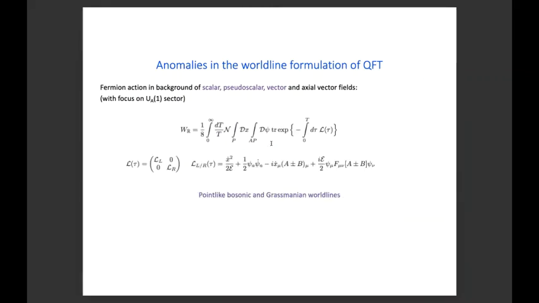Then you can rewrite this real part of the effective action as a path integral of point-like bosonic and fermionic fields, which are Worldlines in proper time. So these are 0+1 dimensional objects, and this effective action can be expressed in terms of the trace of the exponent of this Worldline Lagrangian, which is that of these point-like bosonic and fermionic fields.